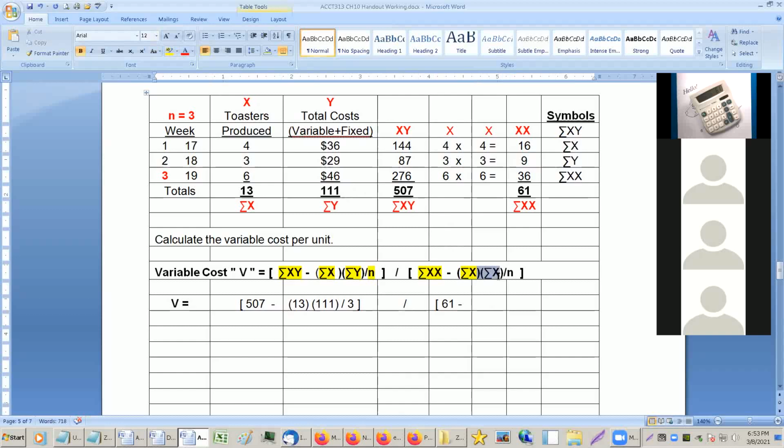Notice the summation of x we already have. It's the 13. We also have the n already.